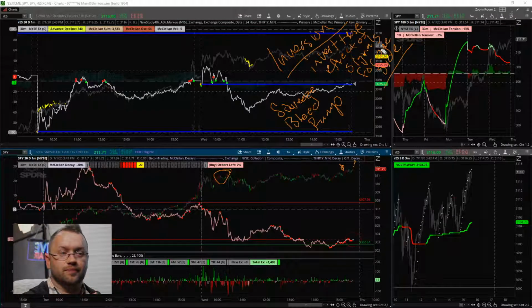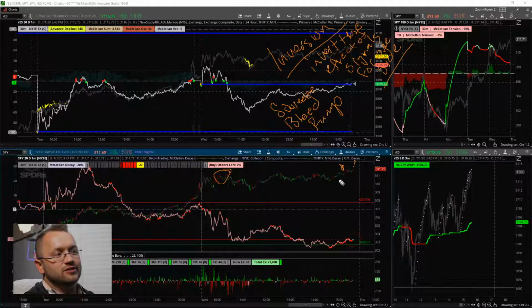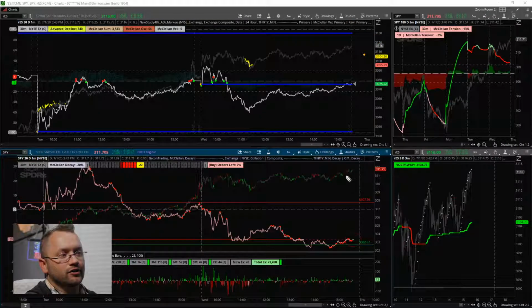So the reason I call it an inversion is there's a good reason for it. It's because I've been caught on the wrong side. And what happens is as it's grinding higher, you see a reason to sell. And then it pops down and you sell and it immediately turns against you. And you're like, crap. And then you see a reason to sell, and a sell, and a sell, and a sell, and a sell.